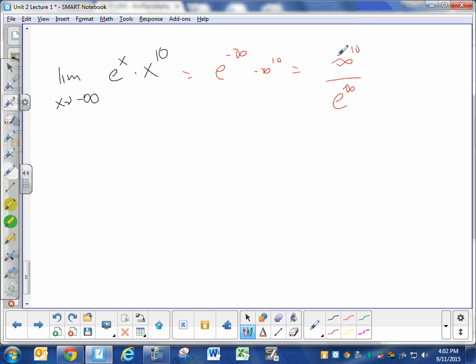We should know that e to the power is going to grow faster than x to any power, therefore this is equal to 0. Even though you don't see a denominator to begin with, and you think we're just going to be going faster and faster, it is different when we're dealing with variables in our power and negative numbers, okay? So be very, very careful with that in the future.